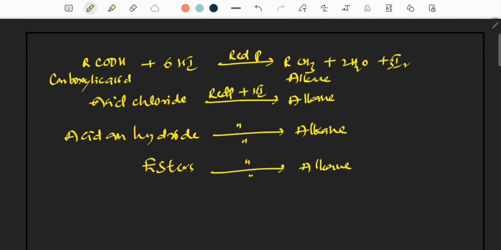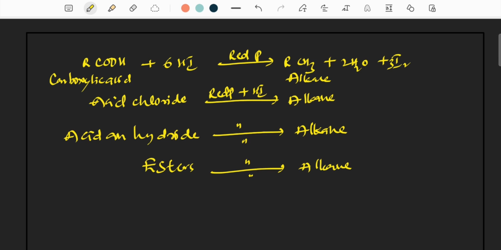Carboxylic acid with hydrogen iodide and red phosphorus gives alkane. Acid chlorides also react with red phosphorus and hydrogen iodide to give alkane. Acid anhydride is also reduced to give alkane. Esters with red phosphorus and hydrogen iodide give alkane. This is about hydrogen iodide with red phosphorus.